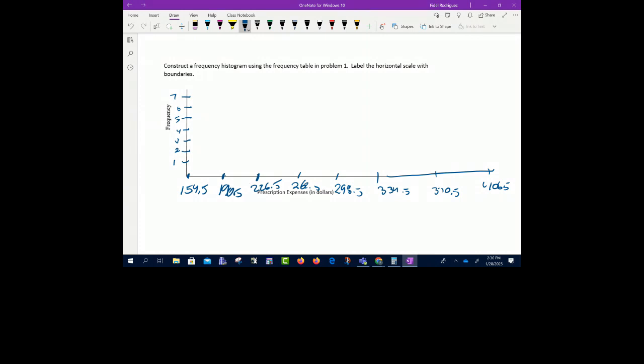The first column was the frequency for the first one, right? So I'm going to make a bar. My bar is going to look like this, up at 2. If I remember correctly, wasn't the next one 3? If I look back at that chart, was the next one 3?